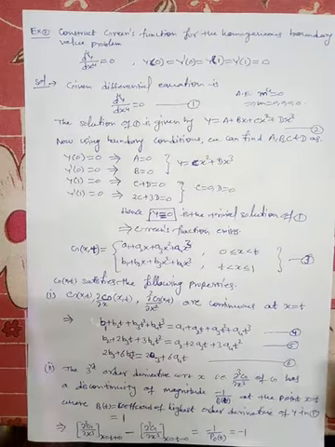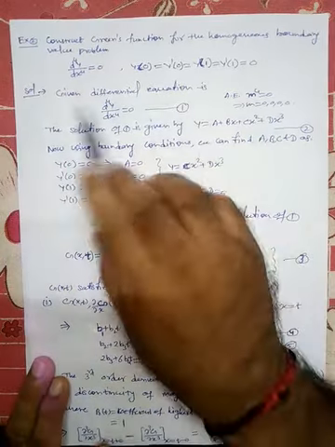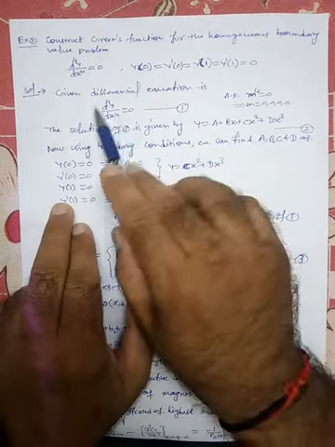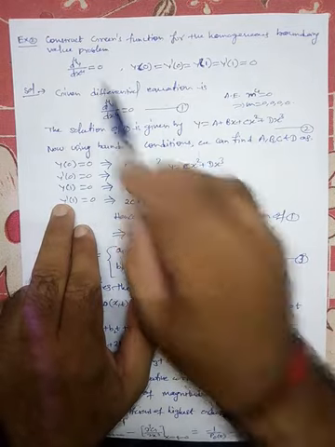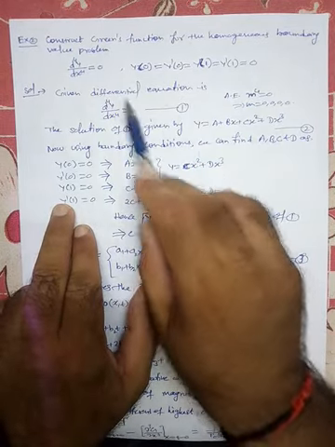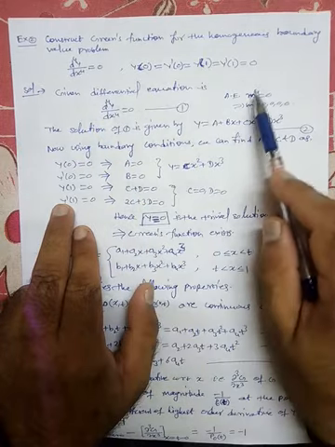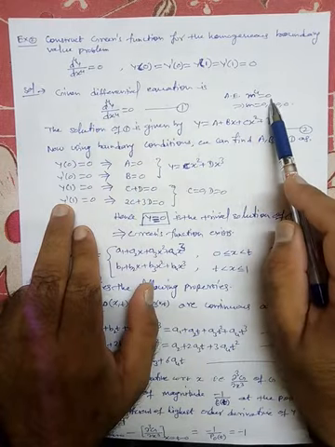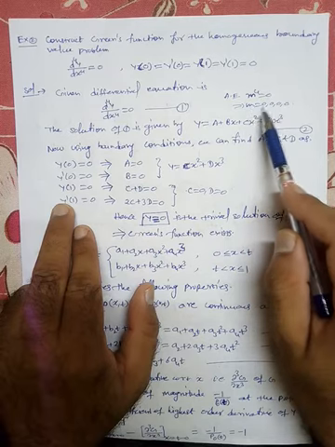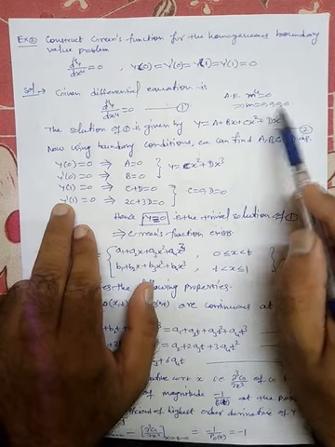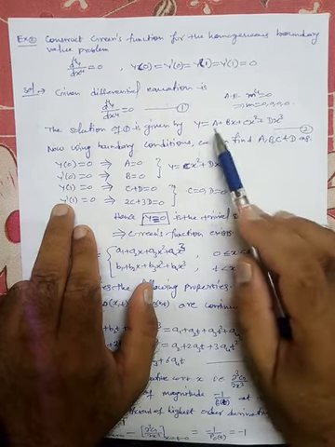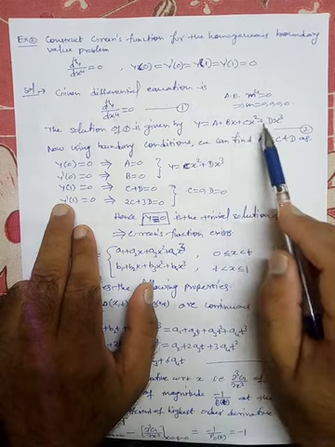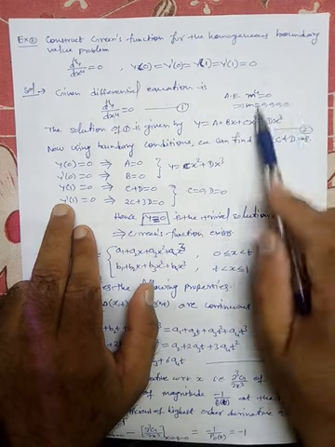Now to solve this, first we take the given homogeneous equation. Its auxiliary equation will be m to the power 4 equal to 0, so m will be 0, 0, 0, 0. What will be the solution? The solution will be y equal to a plus bx plus cx square plus dx cube, because these are repeated roots.